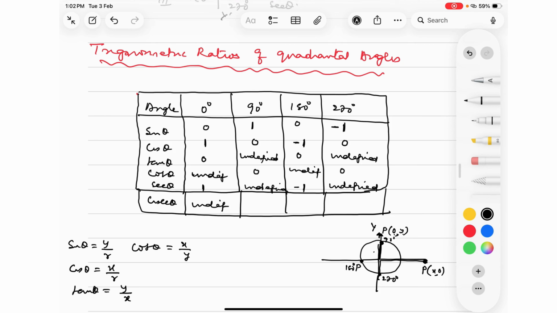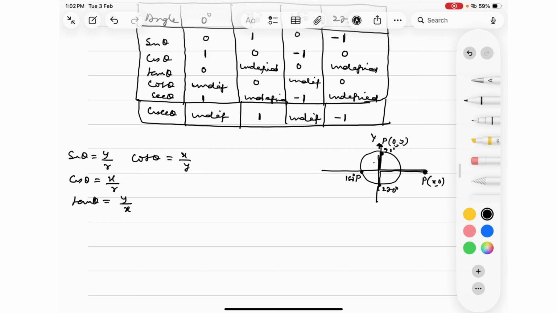Cosecant 90 degrees, 1. Cosecant 180 degrees, undefined. And cosecant 270 degrees, minus 1. So this is the way we can prove trigonometric ratios of quadrantal angles. This is the way we prove it.